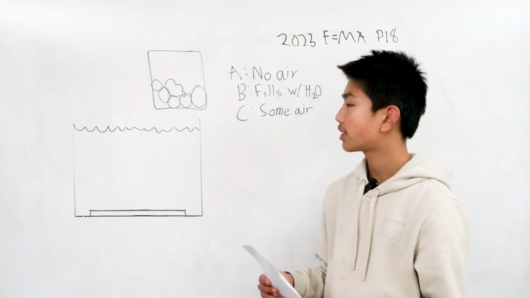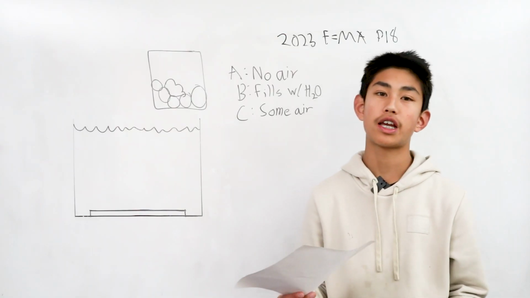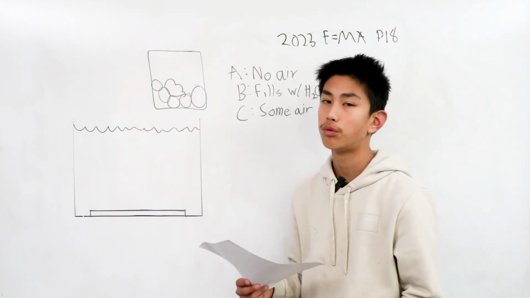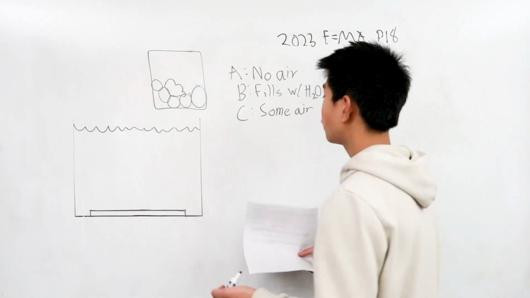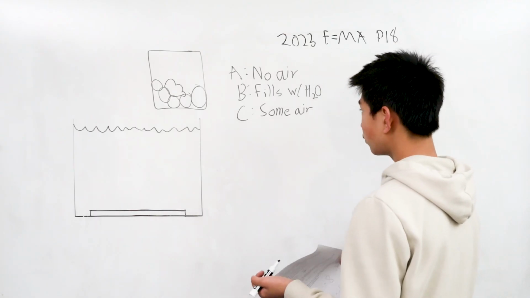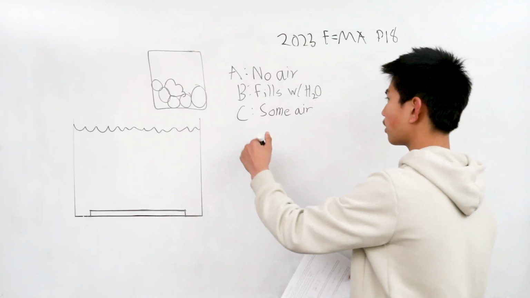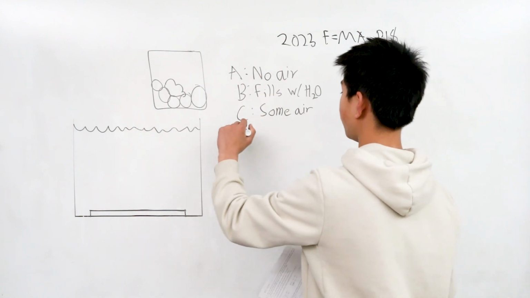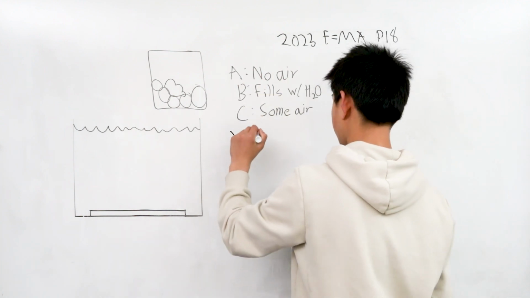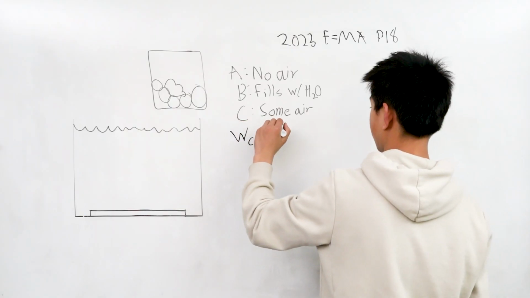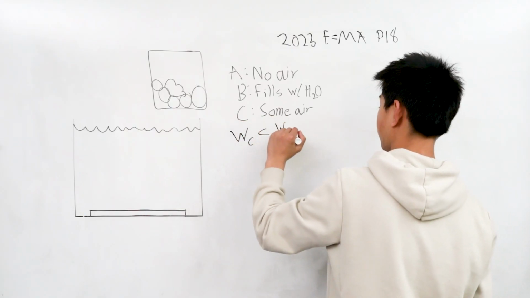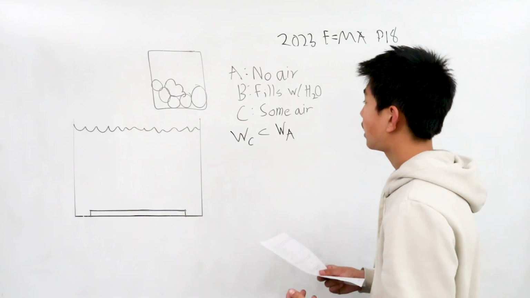And the reading on the scale is going to be less because of the air pushing up against the water due to their densities. So compared to the bag with no air, the one with air is lighter, W_C is less than W_A.